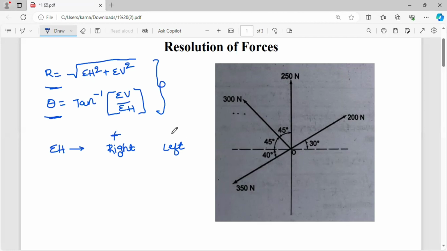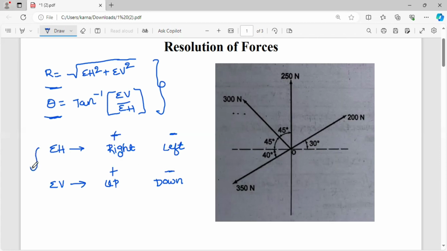If the force is acting in the left hand direction, you can take it as negative sign. Next, while calculating sigma V, that means the algebraic sum of the vertical components, you have to decide whether the force is acting in the upward direction or the downward direction. If the force is acting in the upward direction, you can take it as positive sign. If the force is acting in the downward direction, you can take it as negative sign.